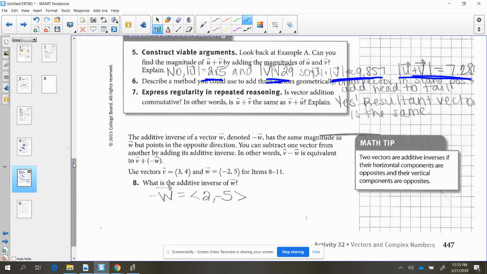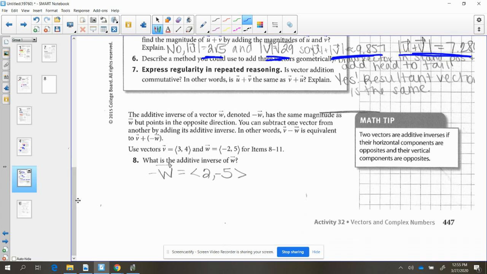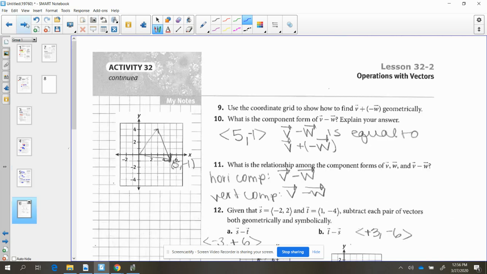Now moving on to number 8, we talked about subtraction. So the additive inverse is basically negating, sign-wise, your given. The additive inverse of vector w is basically flip-flopping your signs down below. Looking then on to 9 and 10, we talked about actually doing that vector subtraction, which is really the same thing as doing vector adding, but adding the additive inverse.